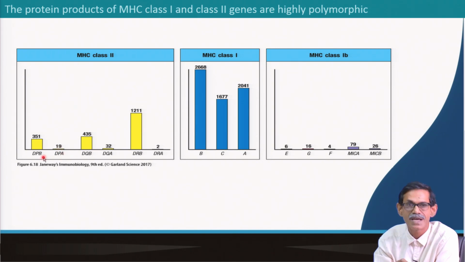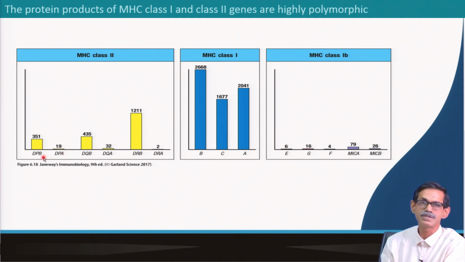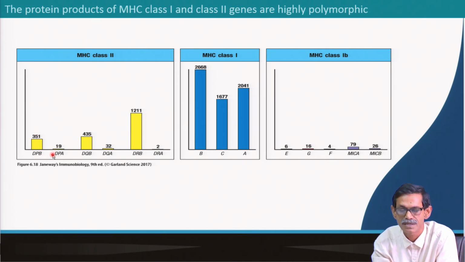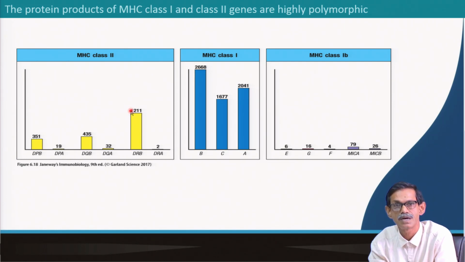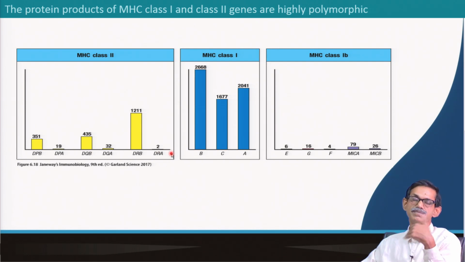If you have random combination, to know how many different varieties of DP-type MHC2 are possible, you just multiply 351 by 19. In the same way DQ has 435 and 32. DR has the maximum variety, 1211 times 2.